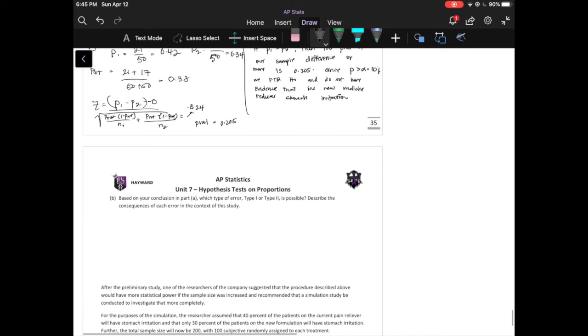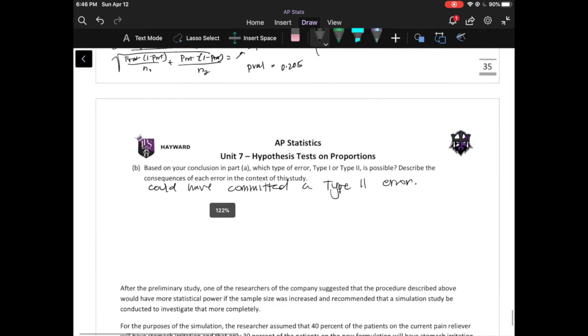Part B, based on your conclusion in Part A, which error, type 1 or 2, is possible, and describe the consequence of each error in the context of this study. So in this case, since we failed to reject H0, we could have committed a type 2 error, and it asks us to describe each of them.